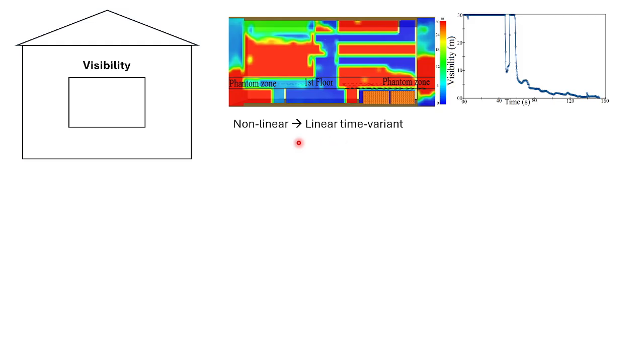So let's consider that we have linearized this non-linear problem to a linear time variant system. Even though it shows a non-linear curve, we're assuming that this is linear.